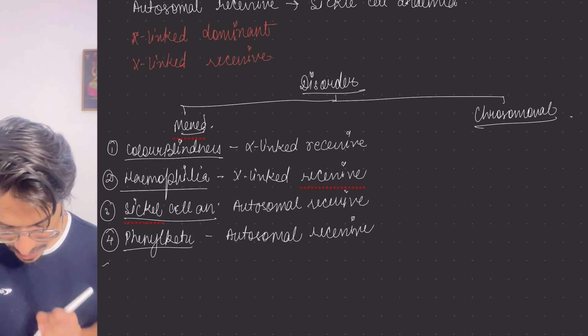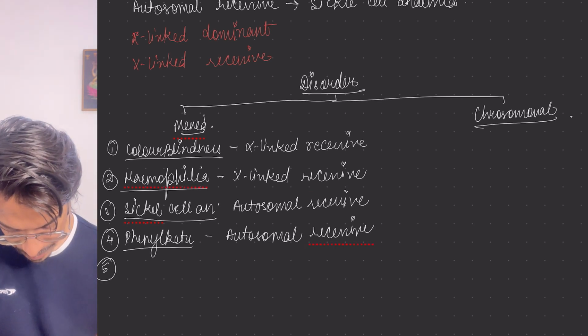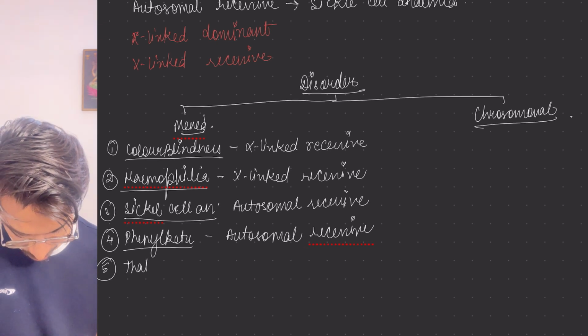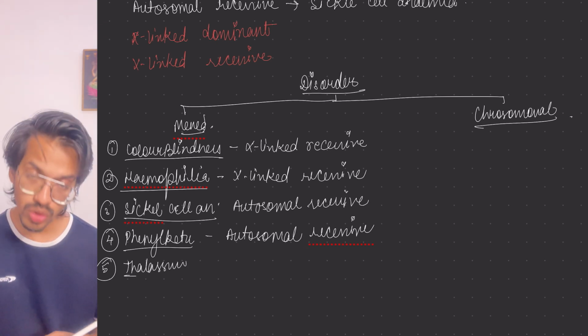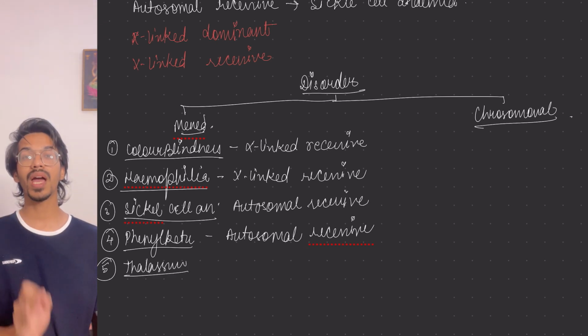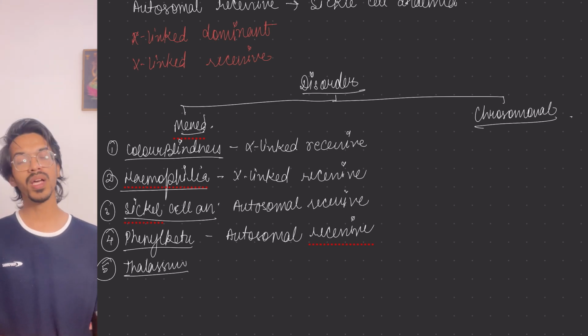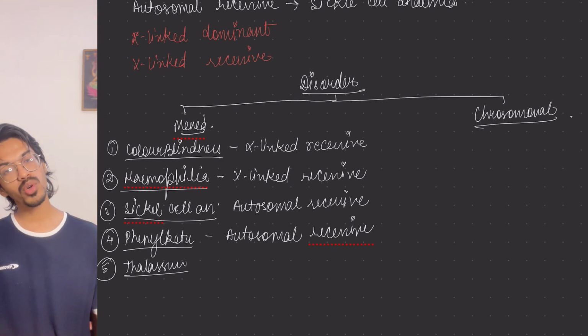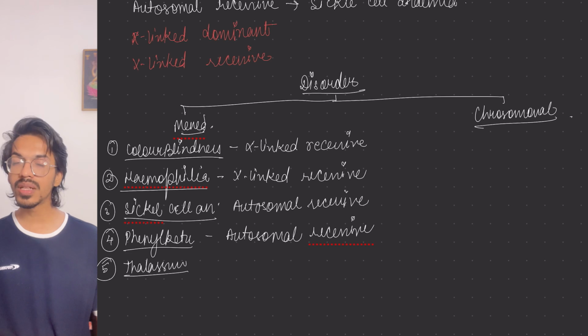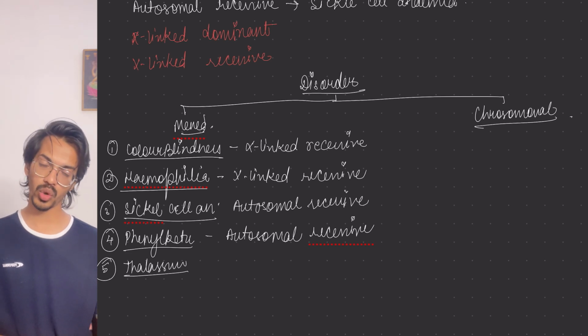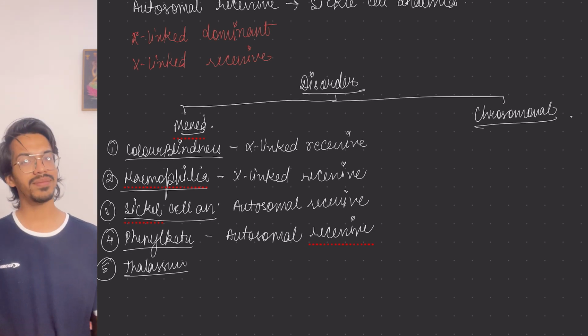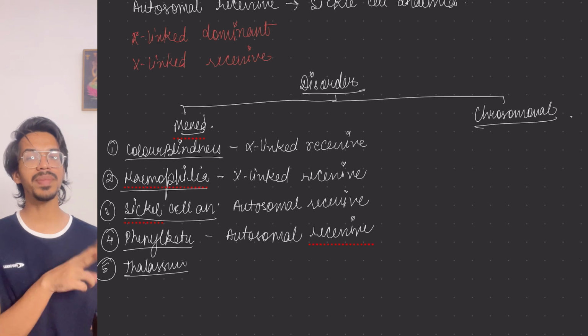The next thing is thalassemia. Thalassemia is also a blood-related disorder, but here hemoglobin is the problem. Either the alpha hemoglobin chain is not properly made, or the beta globin chain is not. So there are two types of thalassemia: alpha thalassemia and beta thalassemia.